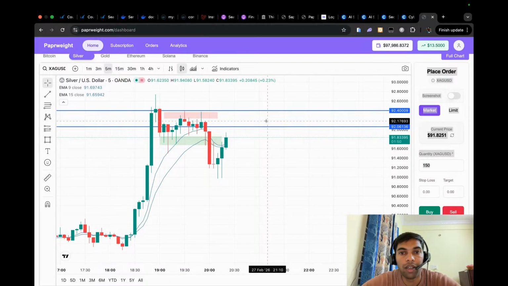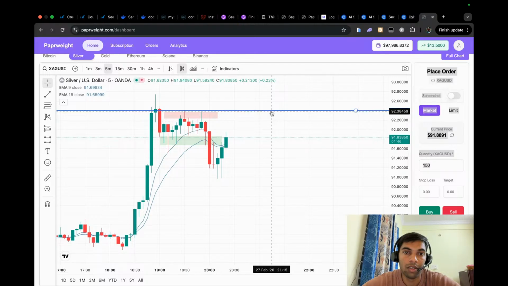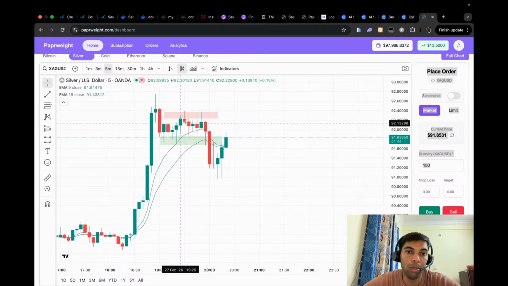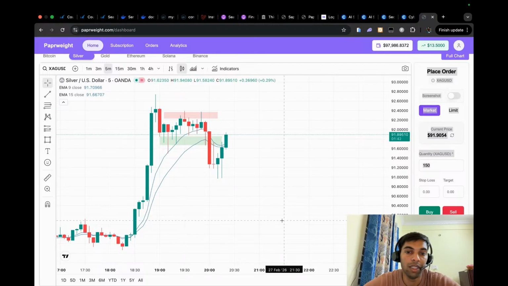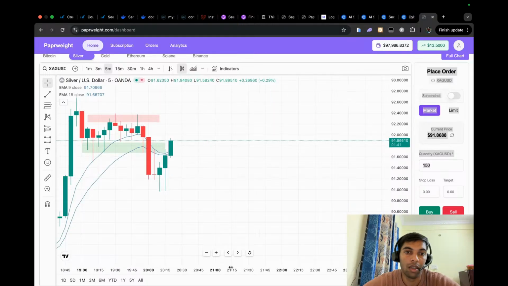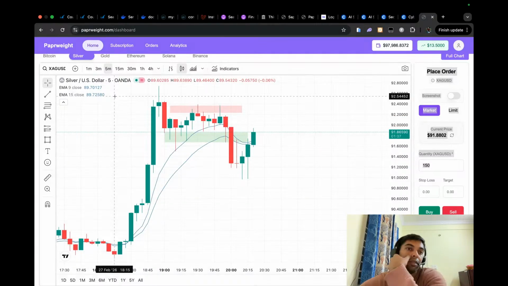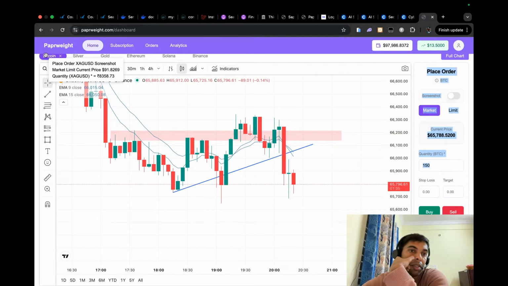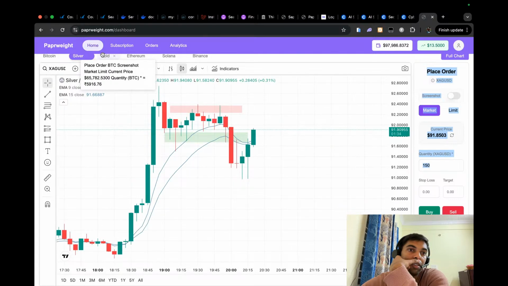At higher time frame, the market is extremely bullish on the silver side. Might be this is a pullback only, and now the market is moving in the up direction. So very unpredictable in silver.